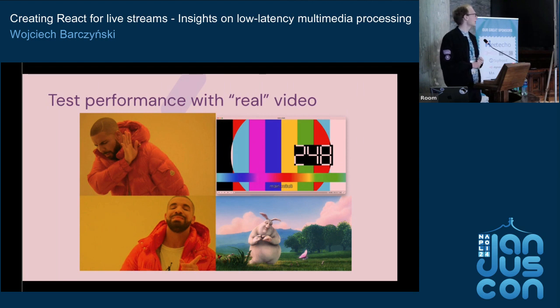And decoding and encoding those videos is much cheaper than decoding and encoding real video because you get low variance. So we got a false impression of the performance of the decoders and encoders. And then when we tested it on real videos, we had to change some defaults to get the right performance. So you should use Big Buck Bunny for testing, obviously.